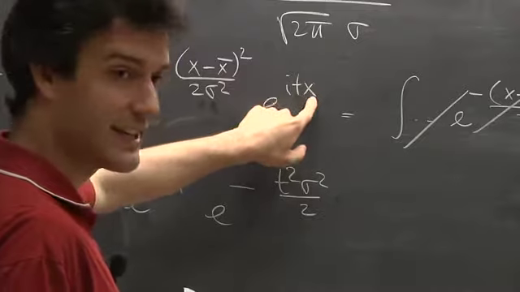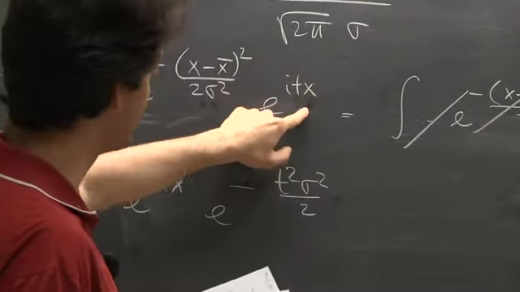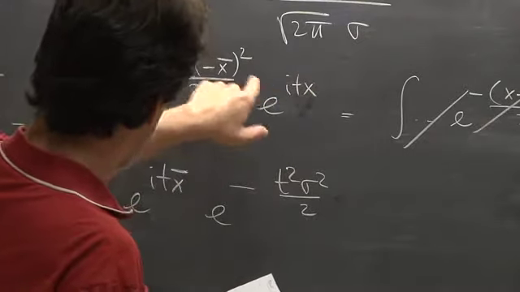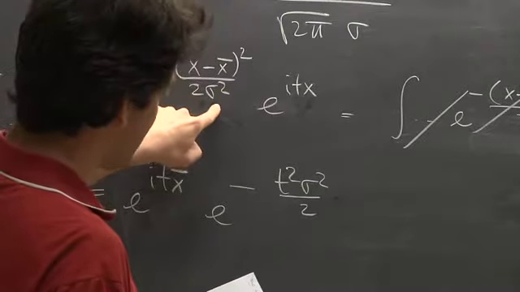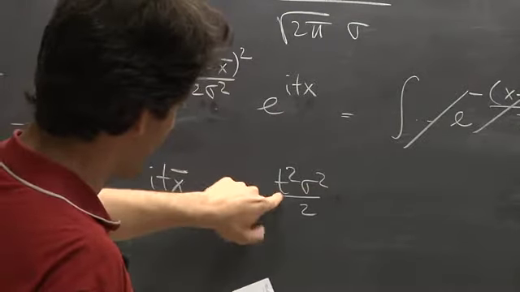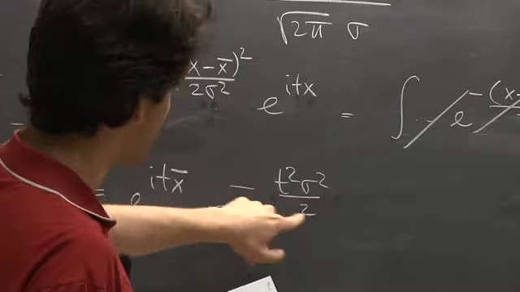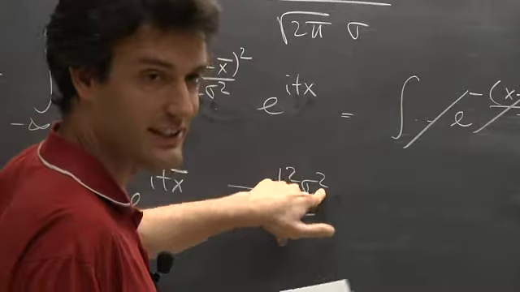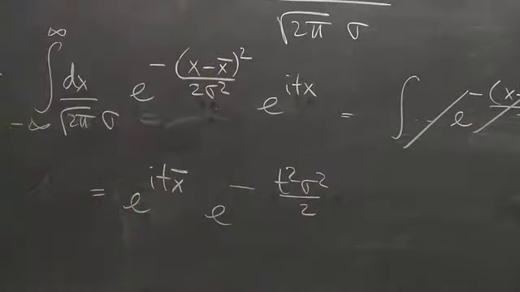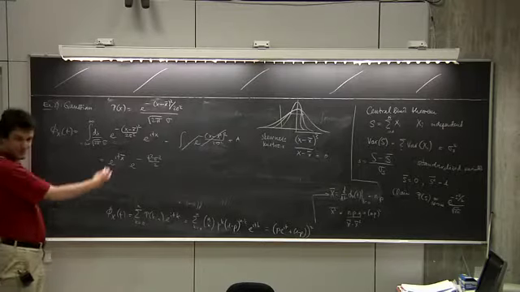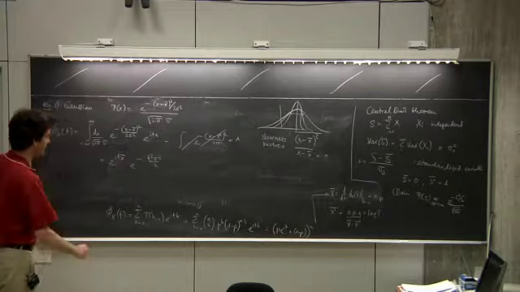So if x is a length, then t should be an inverse length. And if x is a length, then sigma is also a length. Now here you have an inverse length squared, and to make this dimensionless, the sigma must stand here. Okay? Of course, for a mathematician there's nothing like units in this sense, but for a physicist, this helps you not to make errors.